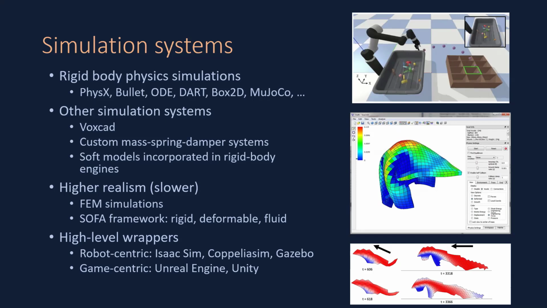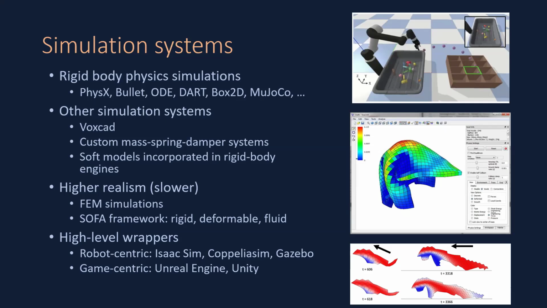And if you want to go with a bit more interesting materials, you can use VoxCAD or some spring damper systems and other kinds of soft simulation systems. You can also do, if you think a bit towards engineering and materials, finite element methods, if you want to design structures that should have good structural properties.